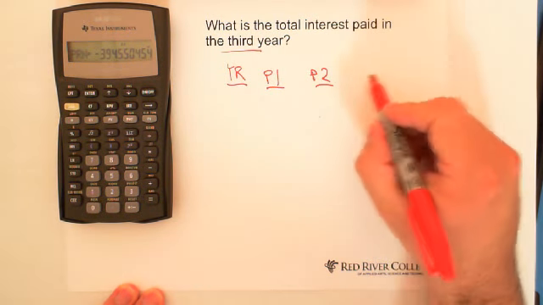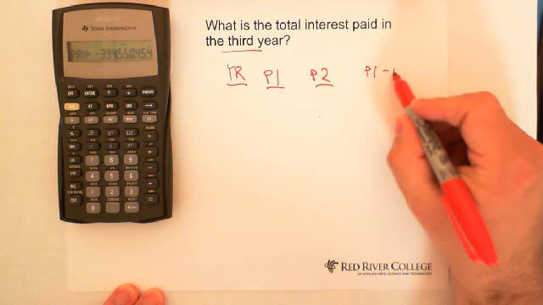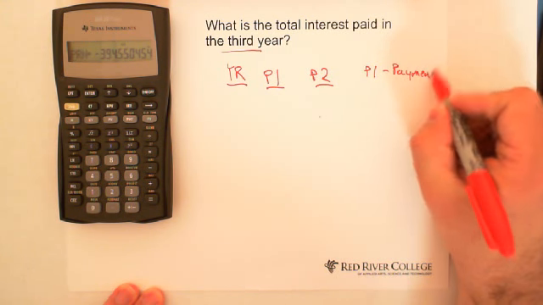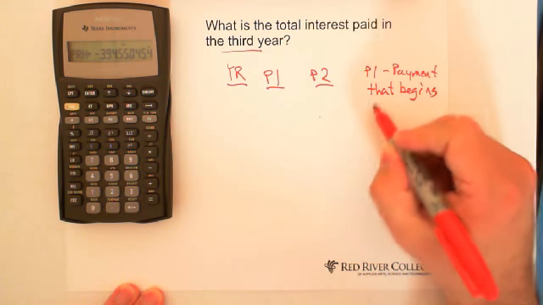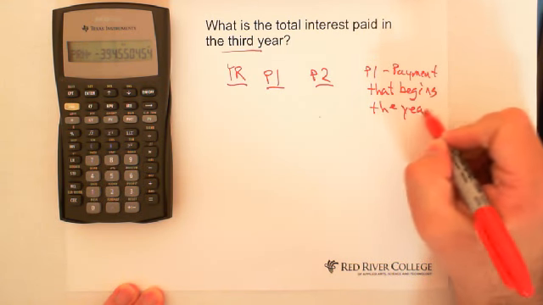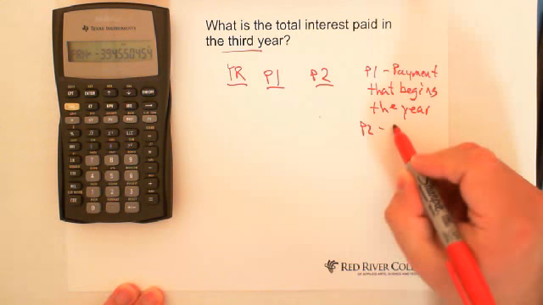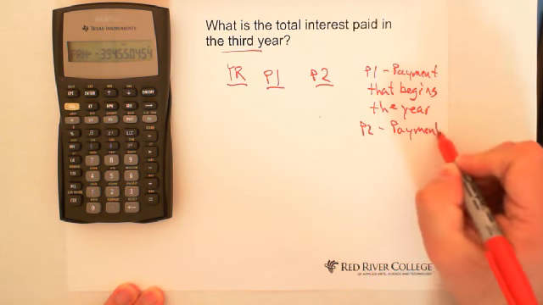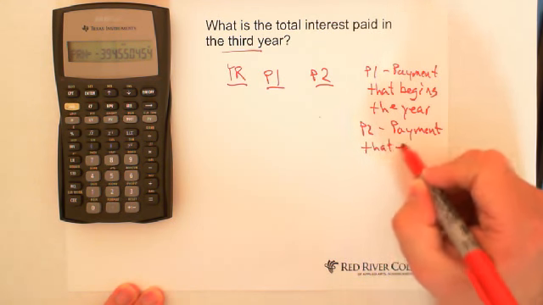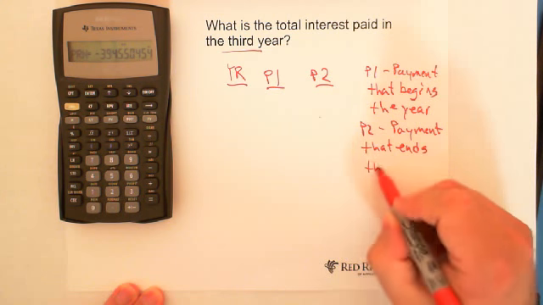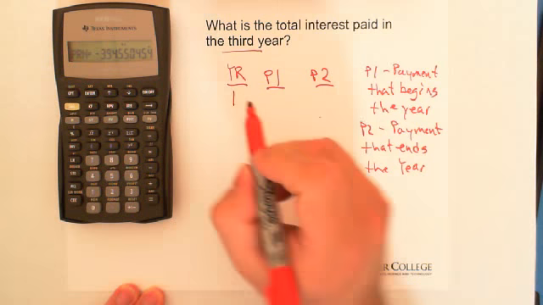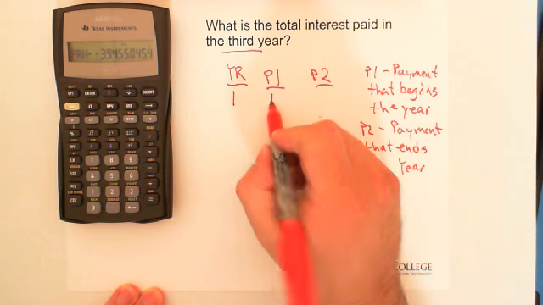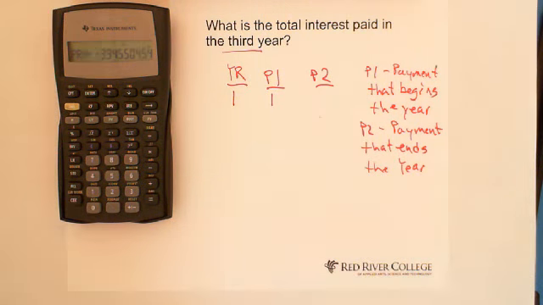In this case, P1 will be the payment that begins the year, and P2 will be the payment that ends the year. So now, in year 1, P1 would start at number 1. The very first payment would be payment number 1.